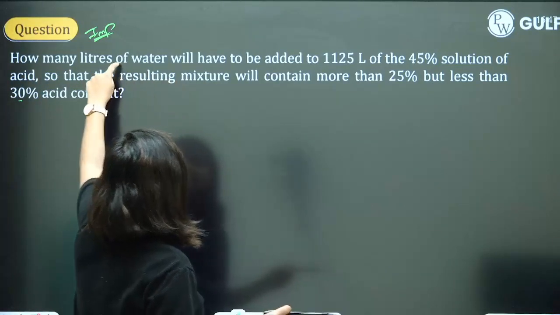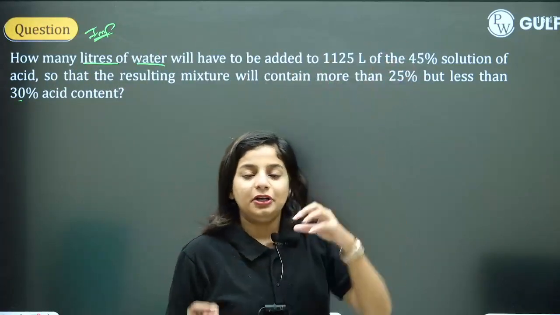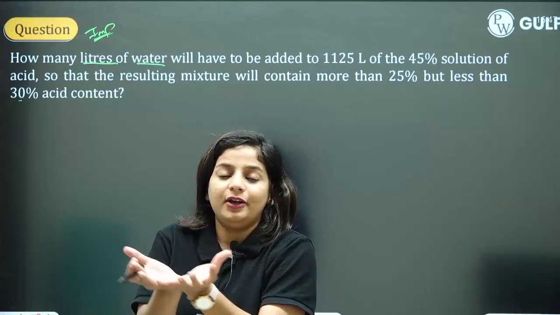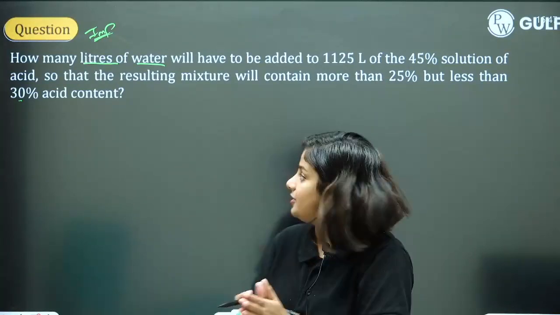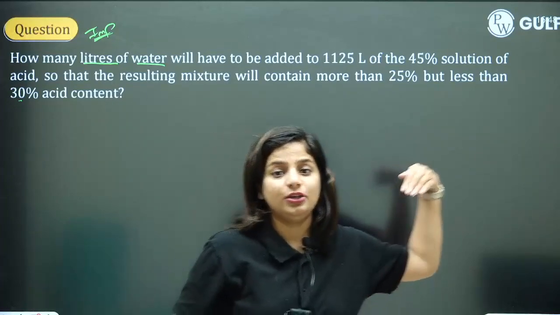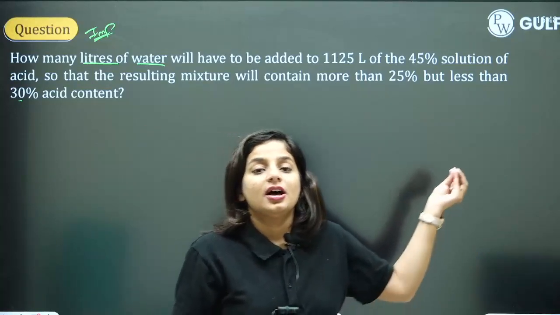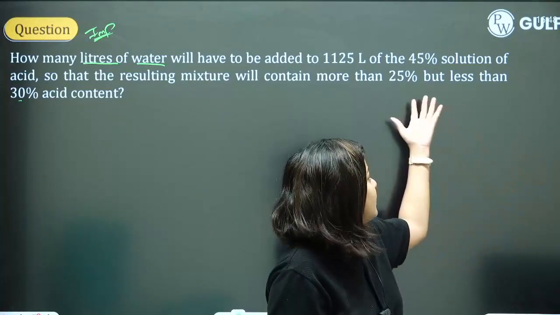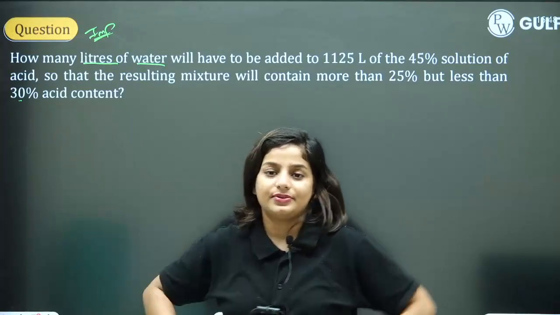How many liters of water will have to be added to 1125 liters of 45% acid solution so that the resulting mixture lies between 25% and 30%? The resulting mixture's concentration is more than 25% but less than 30%.